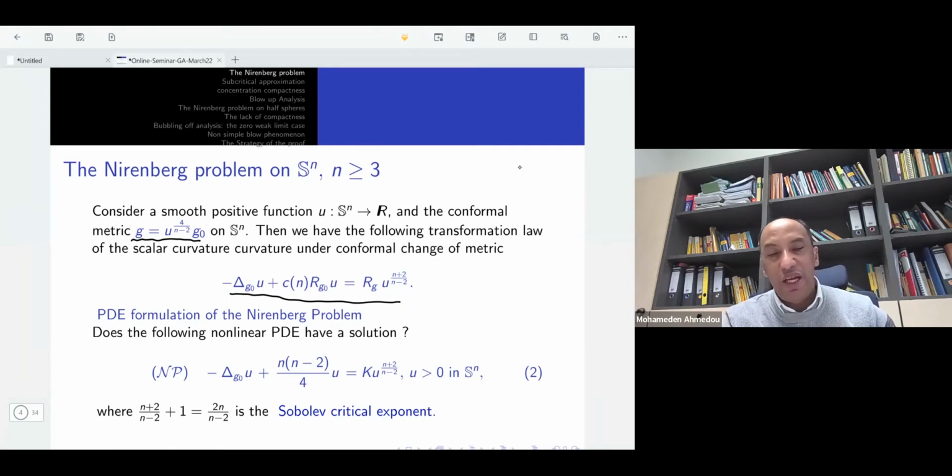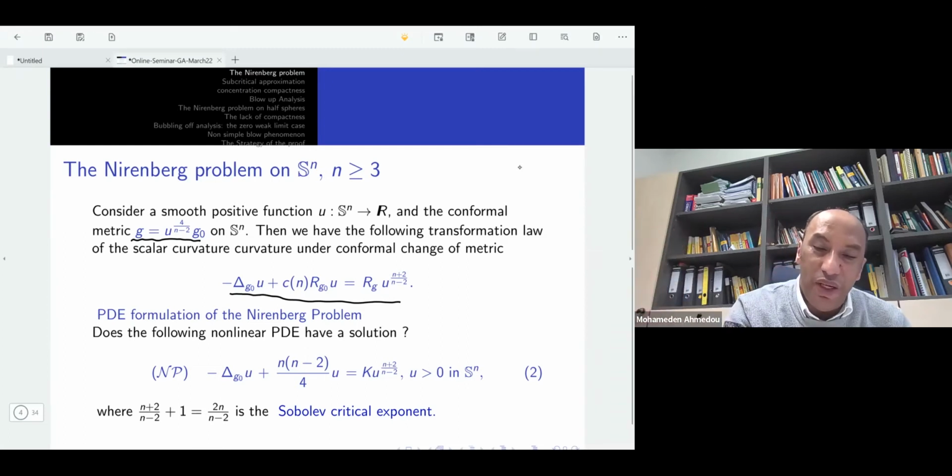So this equation is a semilinear equation, but the problem is with this nonlinearity. The nonlinearity is critical, because n plus 2 divided by n minus 2, plus 1, is equal to 2n over n minus 2. This is the Sobolev critical exponent.